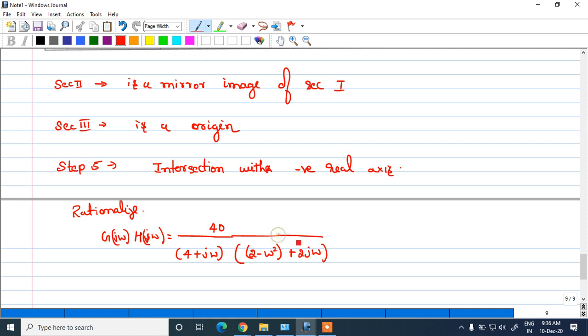And here, in order to rationalize, I will multiply the opposite sign of both factors in both numerator and denominator, that is 4 minus j omega by 2 minus omega square minus 2j omega. So the same in the denominator also.